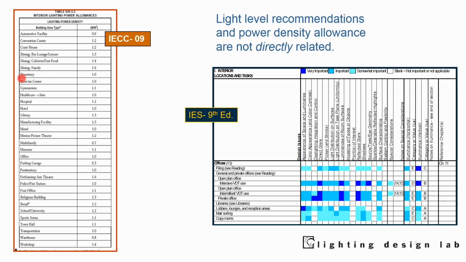So in theory, these power density requirements are based on modeling to achieve light levels recommended by the IES. So for instance, you can't say, well, we want half a foot candle in a space that's required to have, maybe recommended to have, 100-foot candles. That might be difficult to achieve with normal modern equipment.